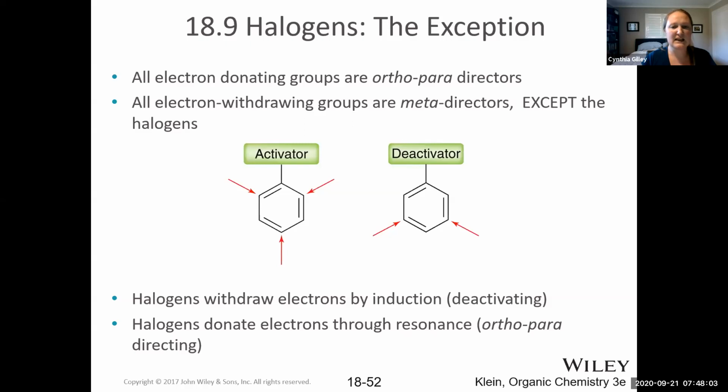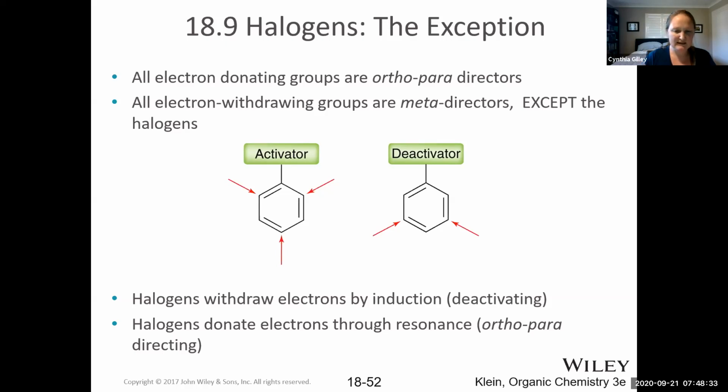So we'll say the moderate and strong deactivating groups are meta directors, but the halogens are a little bit weird. Halogens are technically deactivators because, for example, chlorobenzene reacts more slowly than benzene in an electrophilic aromatic substitution reaction. So technically we call it a deactivator because of the rate difference. However, it's still an ortho-para director, which is a little bit strange.